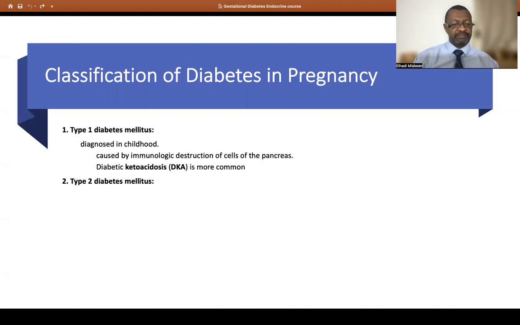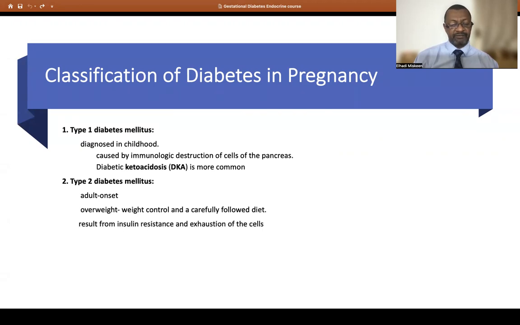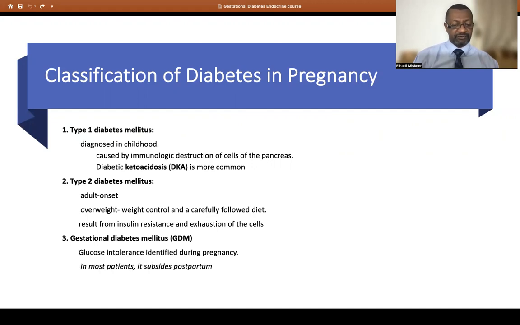Type 2 diabetes mellitus is adult onset, mostly associated with overweight; weight control and carefully following the diet can be one of the effective interventions. This results from insulin resistance and exhaustion of the pancreatic cells. And third, gestational diabetes mellitus, glucose intolerance identified during pregnancy. In most patients, it should subside postpartum.